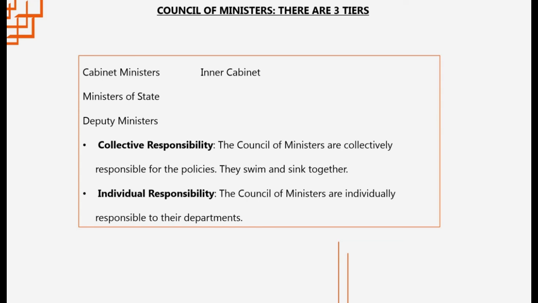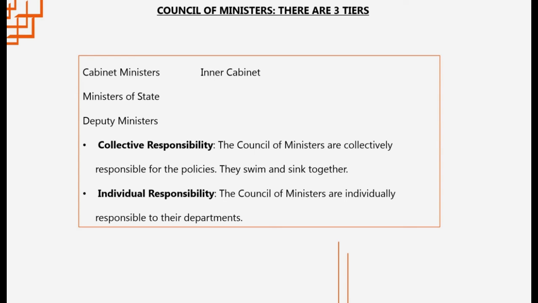A person who is not a member of Parliament can be appointed as a minister, but within 6 months must be elected to either House of Parliament, otherwise ceases to be a minister as per Article 75(5).